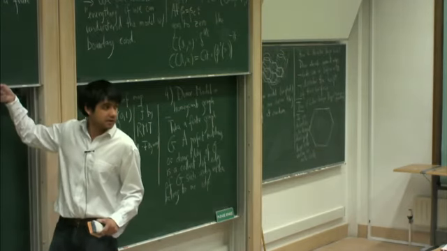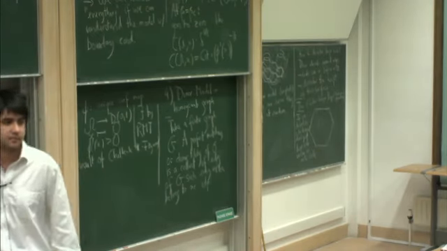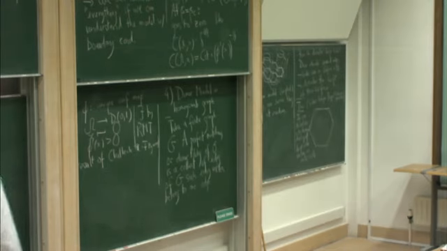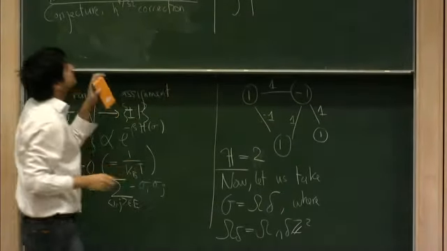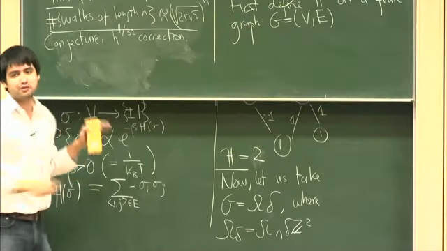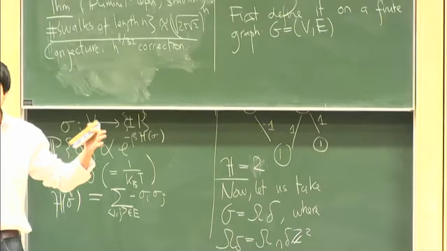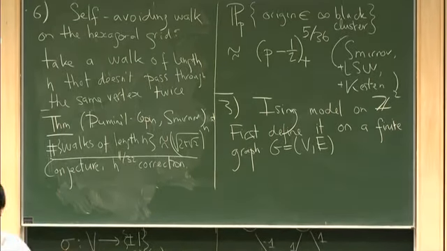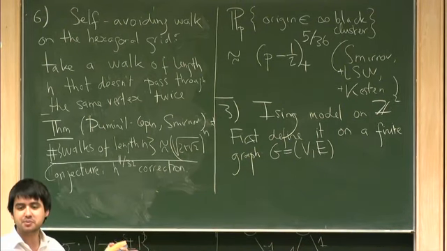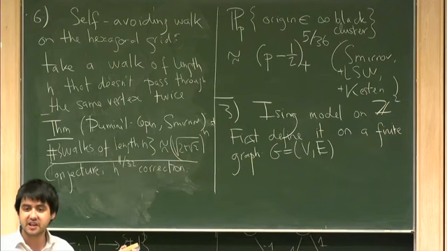Any questions? Yeah. Which part of the conjecture is proved? Okay. So the number of walks of length n, you cannot write exactly what this number is with a closed formula, but you can look at the asymptotics, how it grows as n grows.